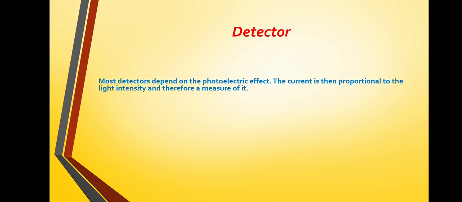Generally this detector depends on the photoelectric effect, and the current produced is proportional to the light intensity and therefore a measure of it. If the light intensity is more, then the current is more.